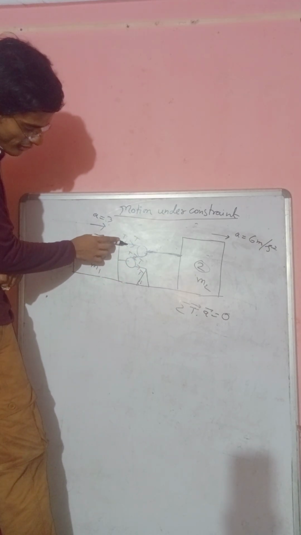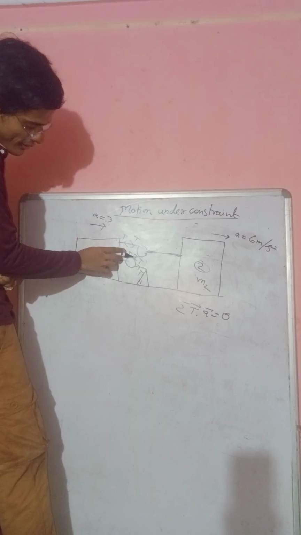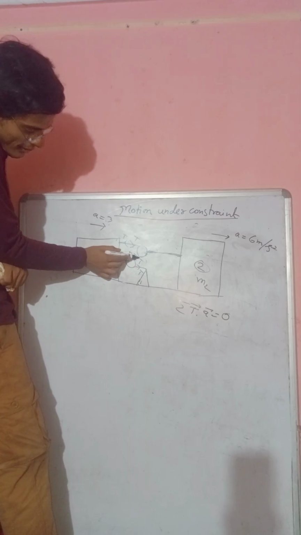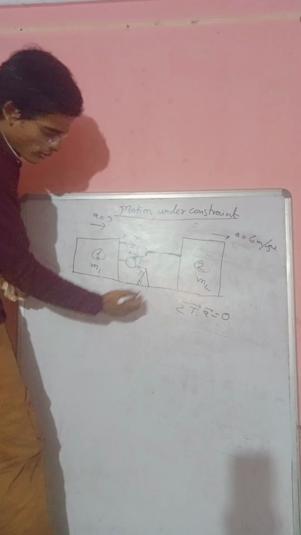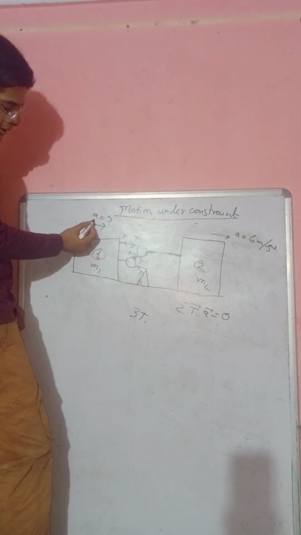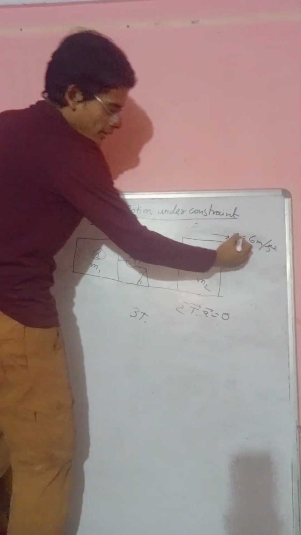T plus T plus T, because this is divided into two parts. So T plus T plus T, T multiplied by A. Suppose we write A1 and A2.